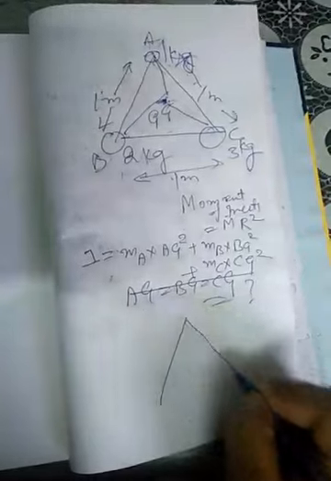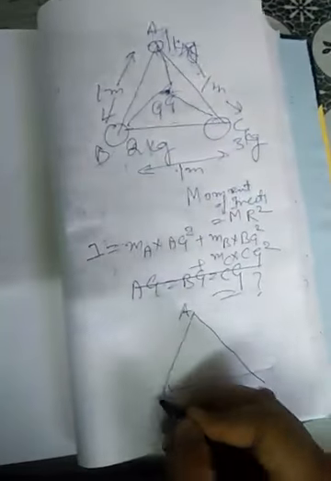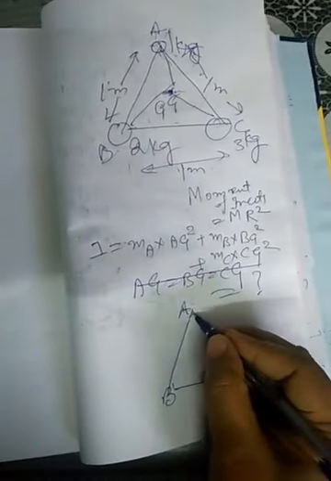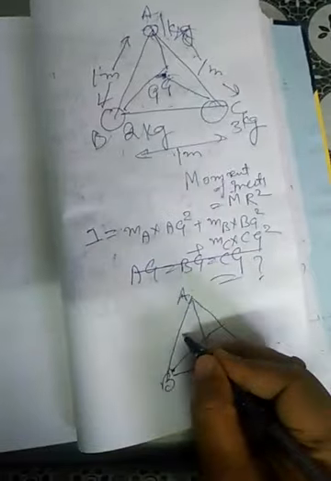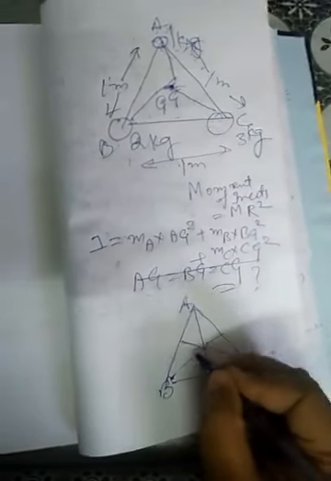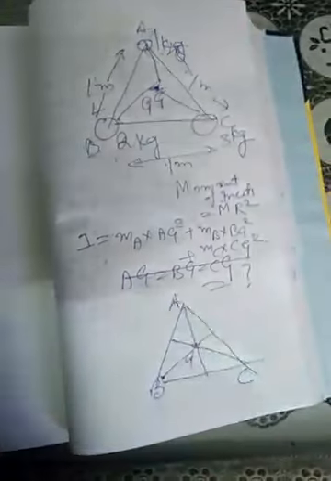To understand that, I will again draw a triangle A, B and C. Now how to find the centroid? The centroid is the point of intersection of the three medians of the triangle.